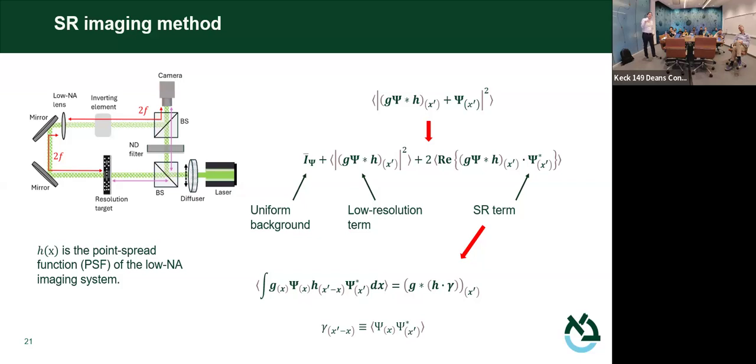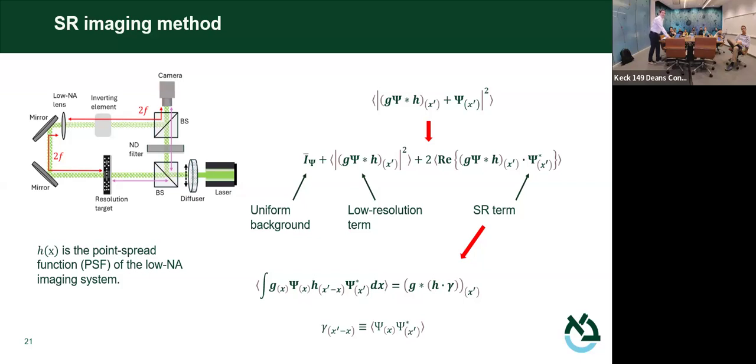Basically what you get is the object convolved with the point spread function times the correlation function of the speckle. So if your correlation, which is basically what we call the speckle size, is very small, then you're not affected by the point spread function, because you're convolving with an almost delta function. Okay, so it answers your question.